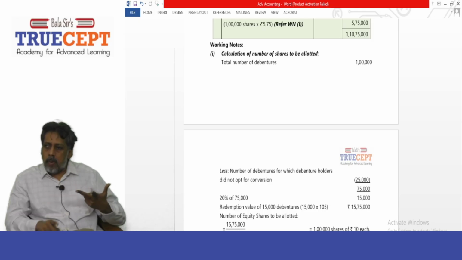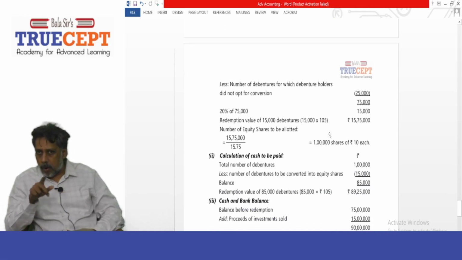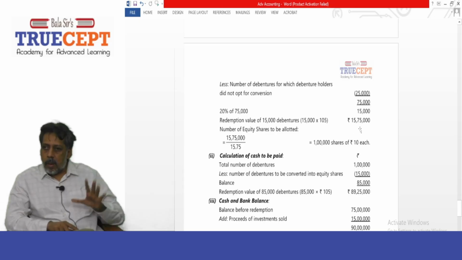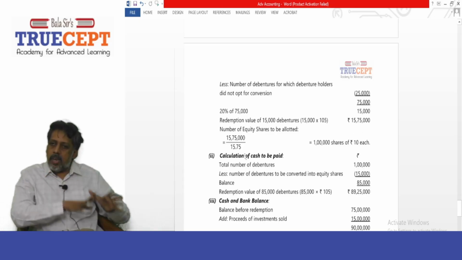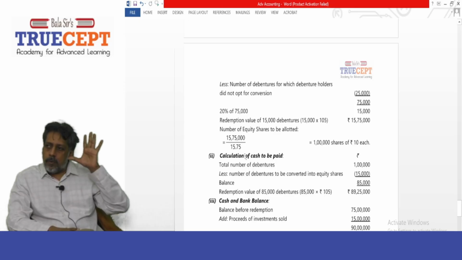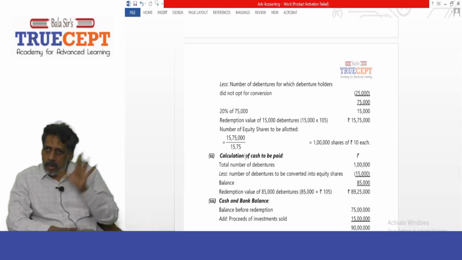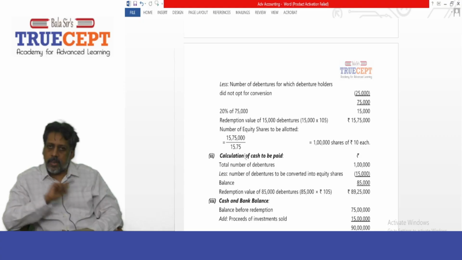And what is the amount payable on 15,000 debentures? 15,000 debentures into 105 per debenture is the promised redemption. The amount is 15,75,000 rupees, which will be settled by issue of equity shares. So what is 15,75,000 divided by the issue price of 1 equity share for the purpose of conversion, 15.75?